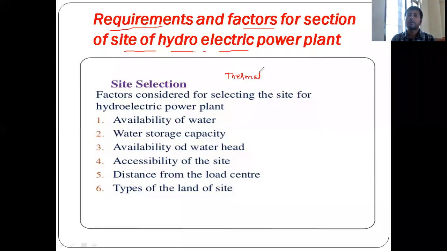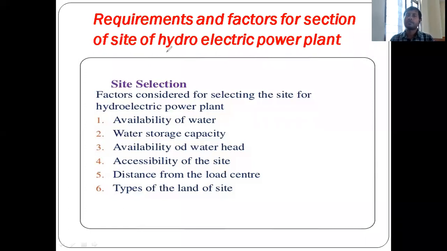For a thermal power plant, and also a nuclear power plant, we need to consider certain constraints, that is, certain conditions to place the plant. I already discussed the site selection factors for the thermal power plant.